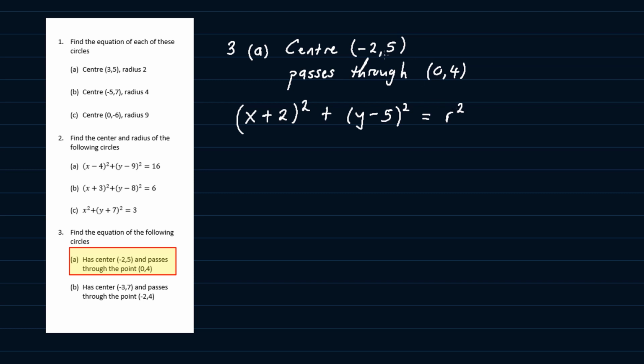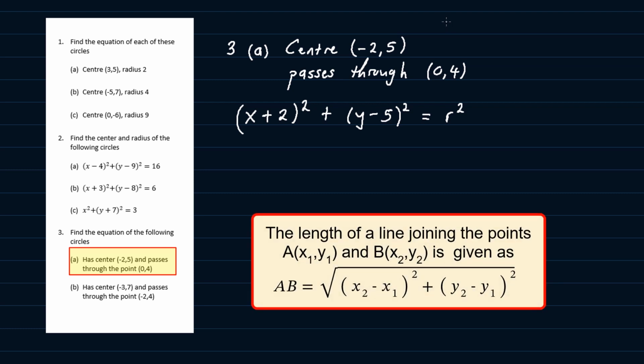So we don't know the radius as yet, but we can work out the radius. Now, since the circle has a known center and a point on the circle is also known, we can use the formula for finding the length of a line joining 2 points. So we can say r squared is equal to minus 2 minus 0 squared, that's the difference of the x coordinates squared, plus 5 minus 4 all squared.